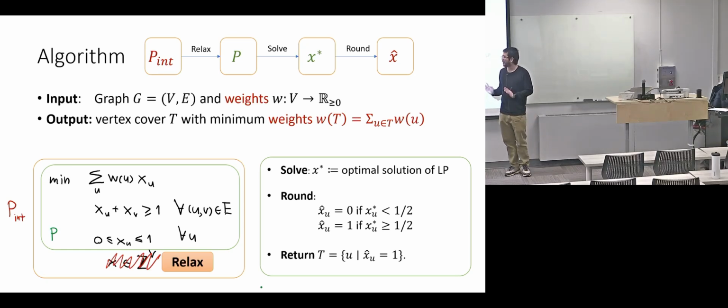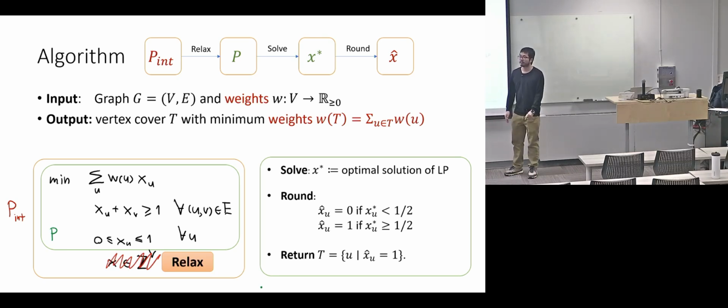We just need to convince ourselves that first, this is actually a vertex cover. And second, it gives you somewhat good approximation. Okay. Anyone have an idea why this should be a vertex cover?